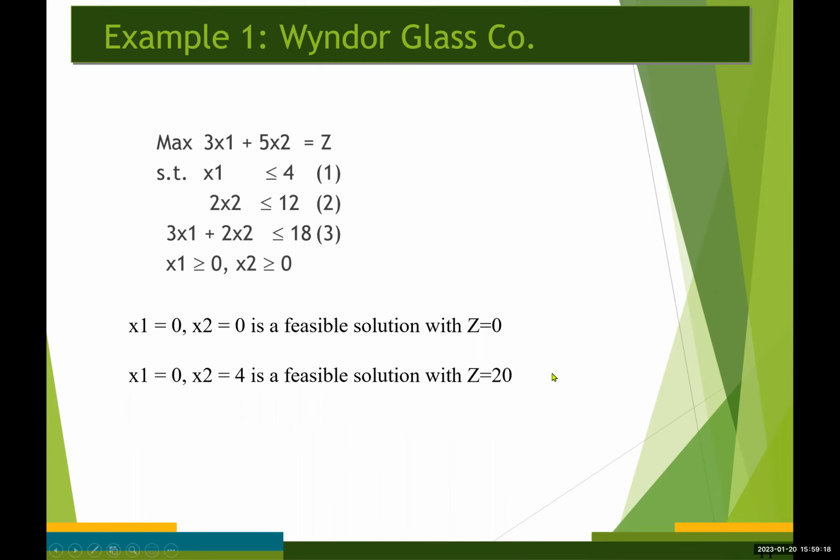But can you say this is the optimal solution to this window glass problem? You could answer this question very easily through the graphical method, graphical procedures. Okay. So I just let you know that any linear programming model with only 2 decision variables can be solved graphically.